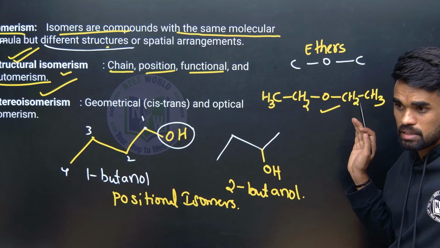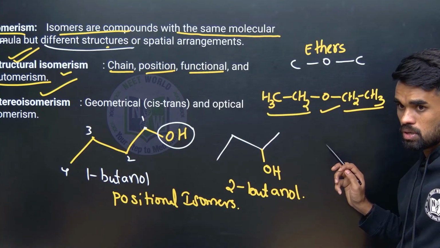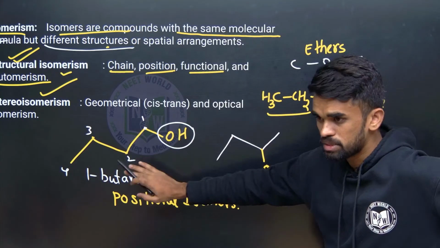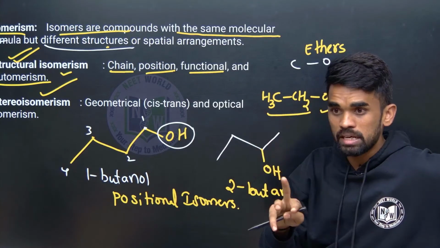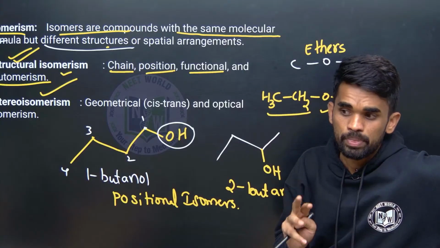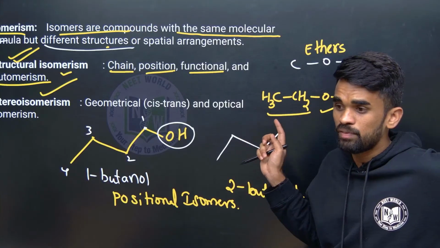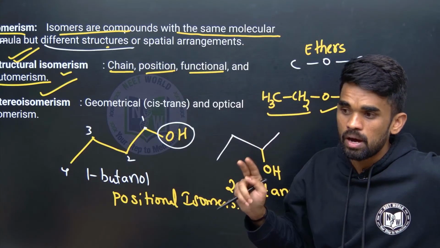See, this side one ethyl group, this side another ethyl group. So we can call it diethyl ether. So now one is butanol, an alcohol, another one is an ether. Both have different functional groups now. So compounds having the same molecular formula but differing in their functional group, we call them functional group isomers.